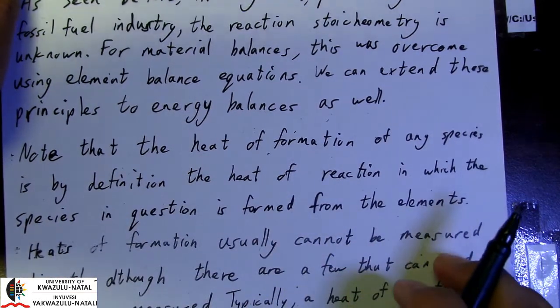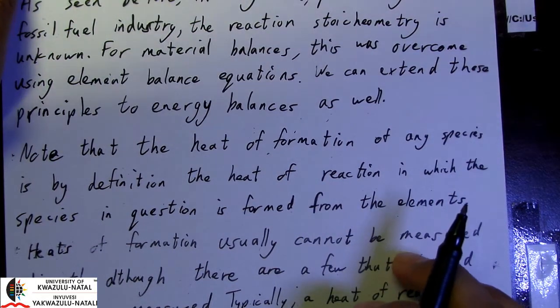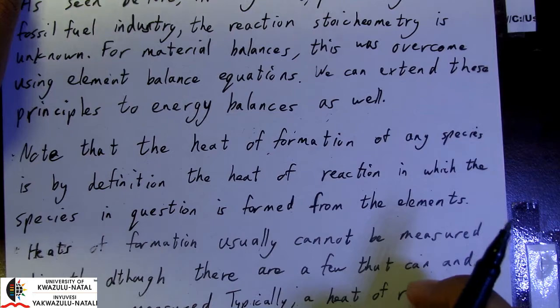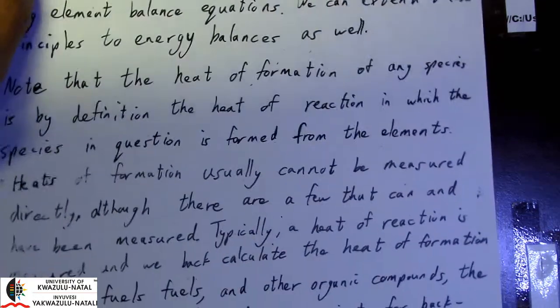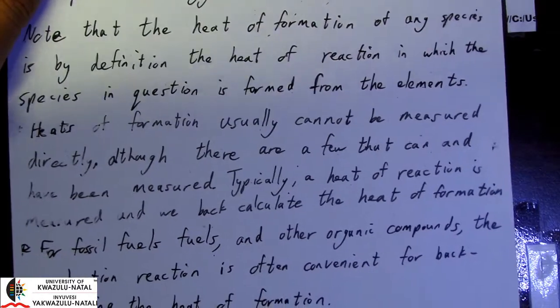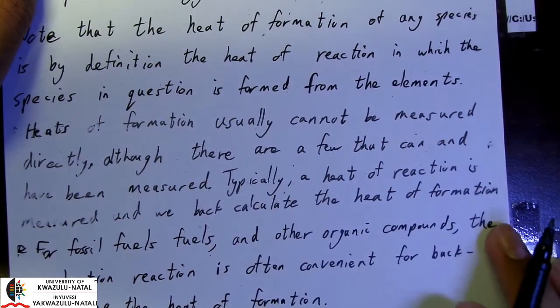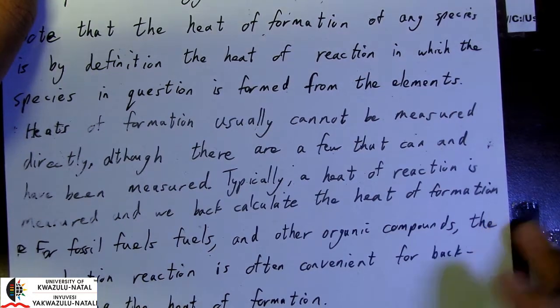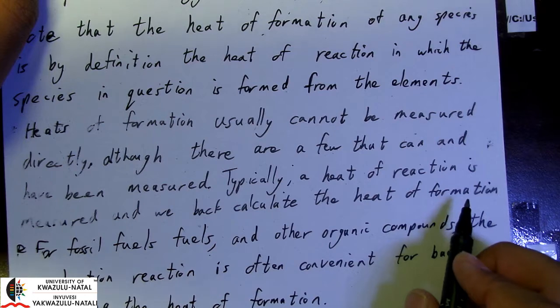It usually can't be measured directly, although there are a few that can and have been measured. But typically for most species, the heat of reaction is measured and we ultimately back calculate the heat of formation.